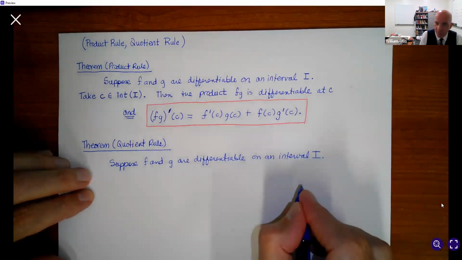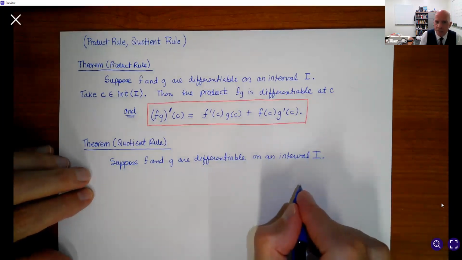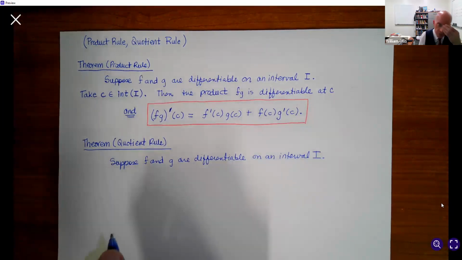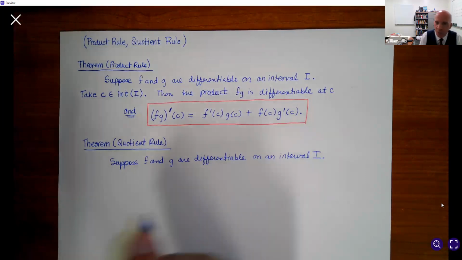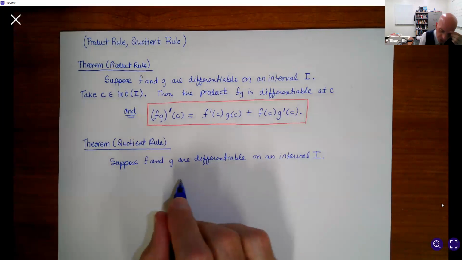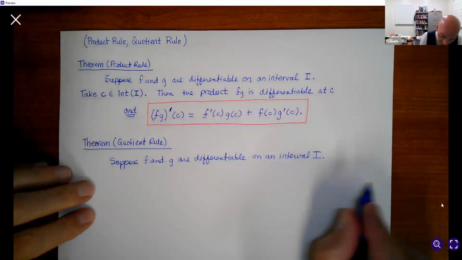These are really important, and it's sometimes good just to think about these things. I could just show you the results, but I really do want you to think about these as we go over them. Suppose f and g are differentiable on an interval I.